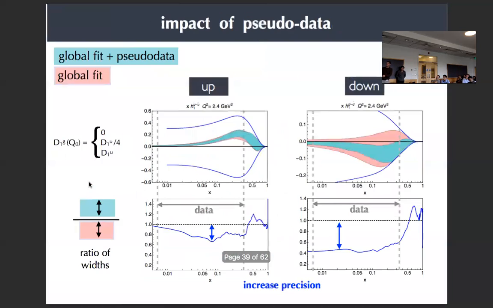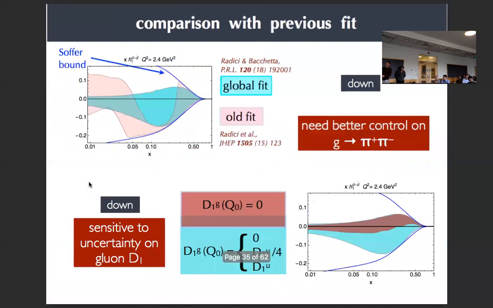Where is it? Yeah, you see this pink band was the result of our previous fit with only semi-inclusive DIS data. You see that all replicas wanted to saturate the Soffer bound pretty early in X, where the experimental data are, and this trend was driven by those two bins.